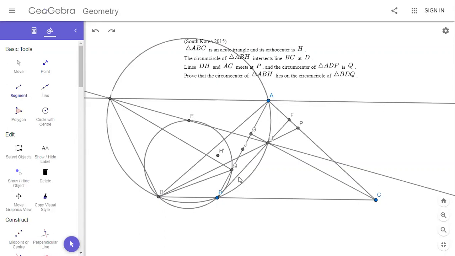It's got to be a way to finish this, because we know all the angles in question.